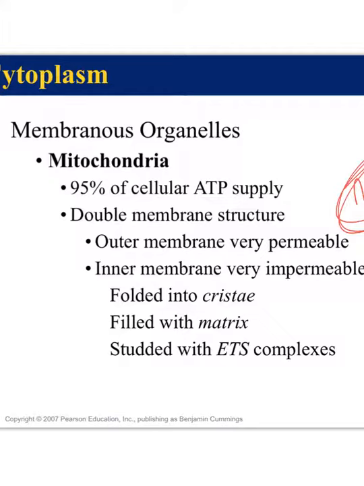The cristae are surrounded by the aqueous matrix, or the watery matrix. It's filling up the mitochondria, and the cristae are studded with electron transport system complexes so that in cellular respiration, the electrons have a chain to go down to ultimately power the making of ATP.